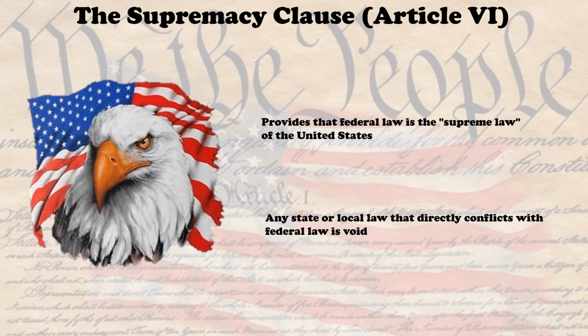Any state law that's in the same area that the federal government is legislating is enforceable as long as it does not conflict with federal law. For example, and this is an example for educational purposes only, because we do not have a national speed limit.